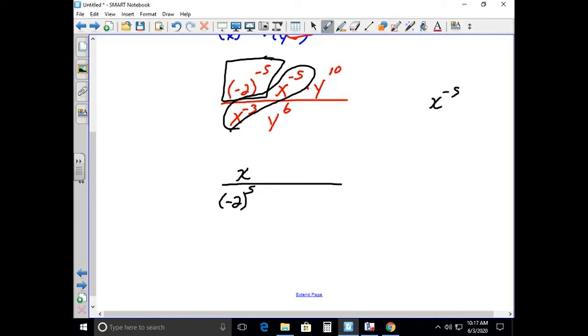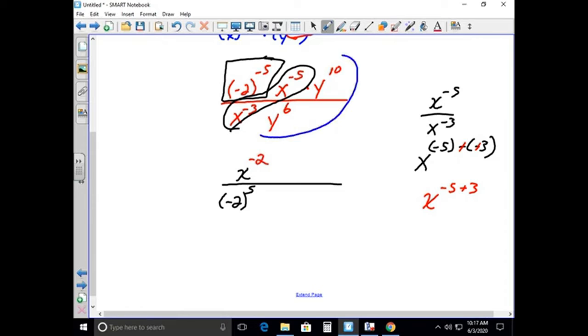If we have x to the -5 on top, x to the -3 on bottom, dividing like bases, we simply take the exponent on top minus the exponent on bottom. So minus a negative, we'll make that a plus. So that's really -5 plus 3, so that makes x to the -2. When we deal with the y's, we have y to the 10th on top, y to the 6th on bottom. So if we subtract those exponents, 10 minus 6, we get y to the 4th.